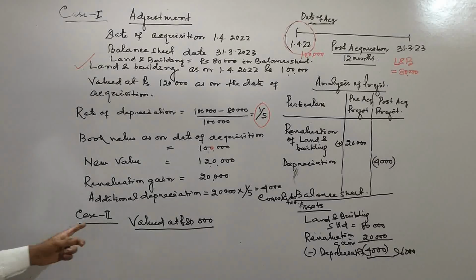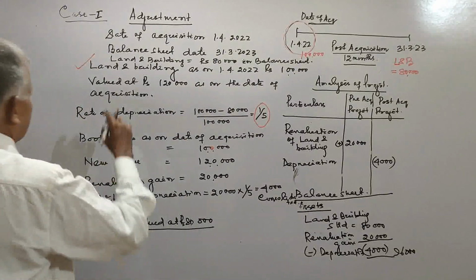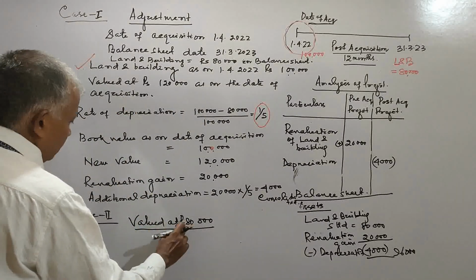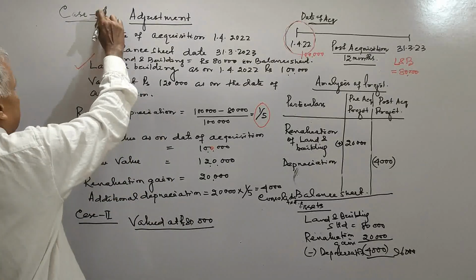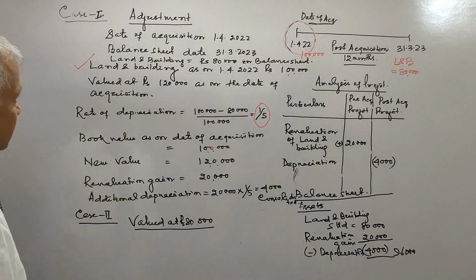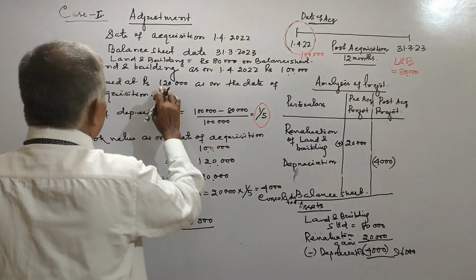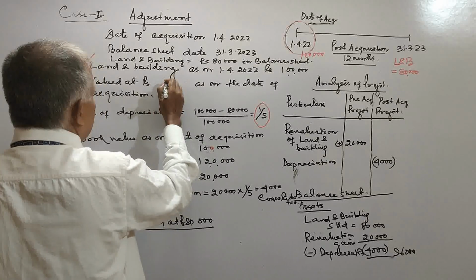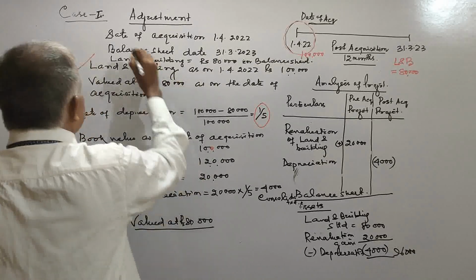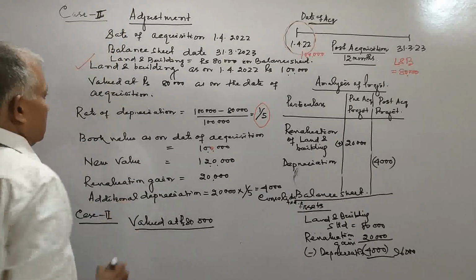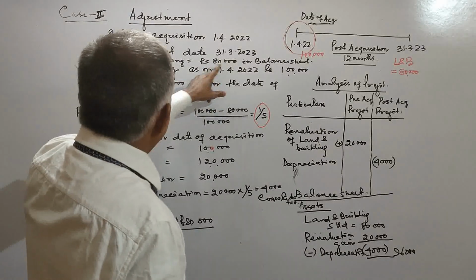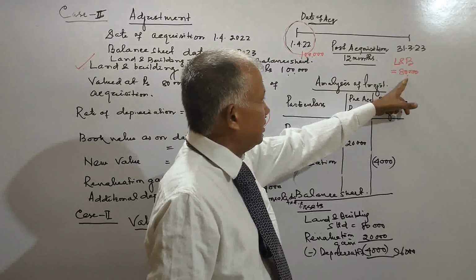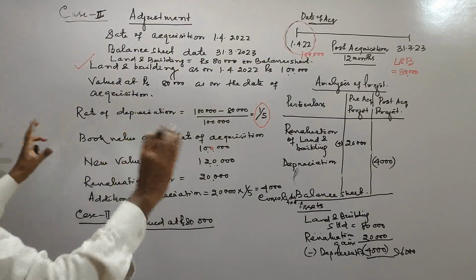Now friends, if we take case 2, the date of acquisition remains the same, the asset is valued at 80,000. So if the asset is valued at 80,000, then this value will be changed, it will be 80,000. This is your case 2, right? And land and building was 80,000 at the end of the year, and other things remain the same.